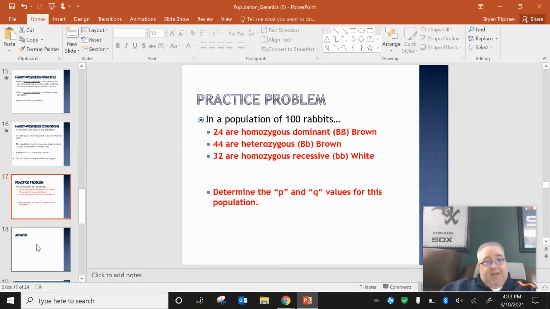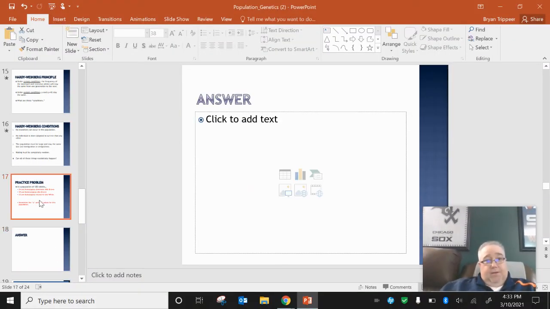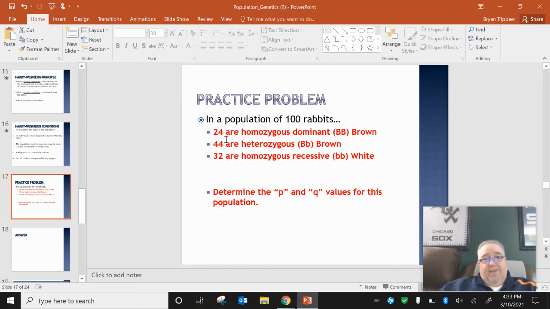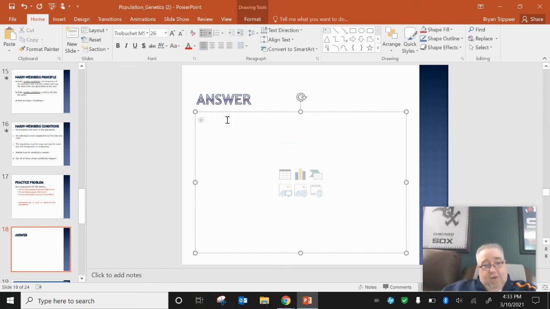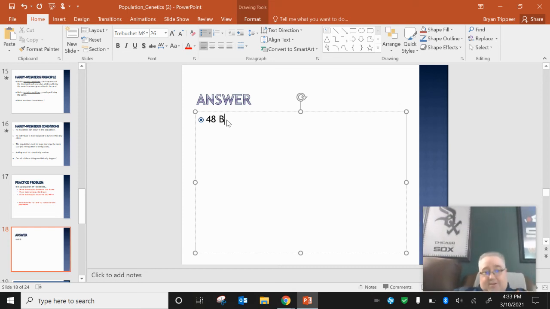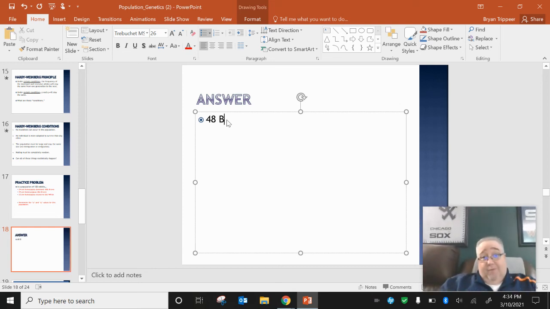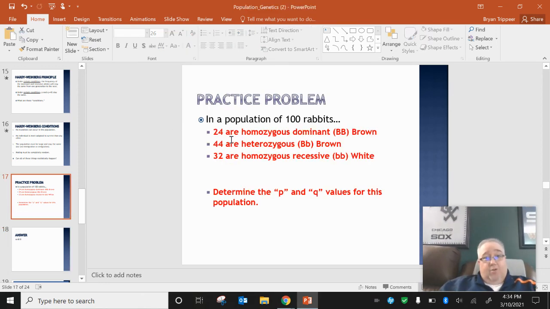All right, so let's take a look at the answer to this question. Again, we've got 24 rabbits that are homozygous dominant. So what that means is that there are 48 dominant alleles, right? Because 24 of them are big B, big B. When you look at the heterozygous individuals, 44 of them are heterozygous.